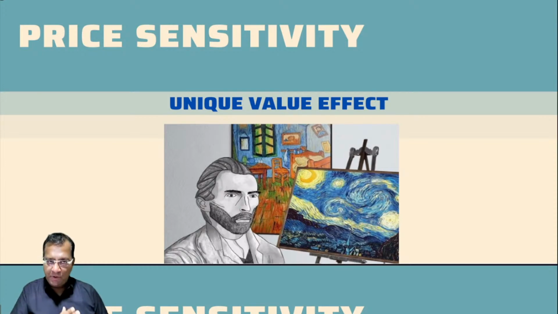Write down in column number 1, situation. In column number 2, examples. In column number 3, price sensitivity. In column number 4, interpretation.